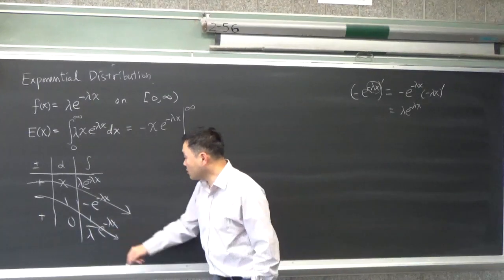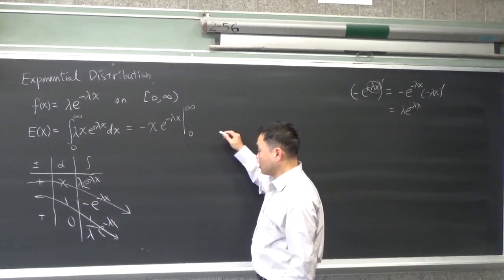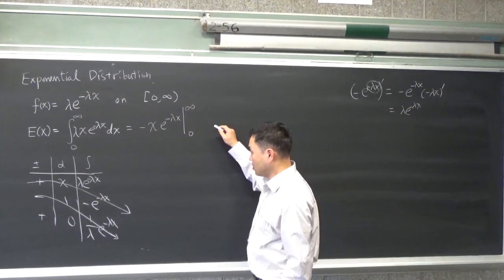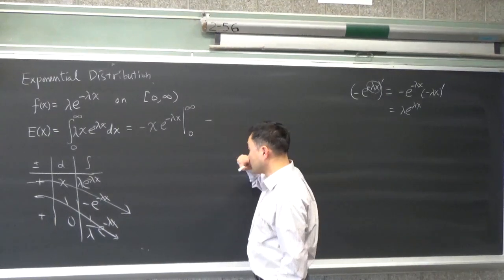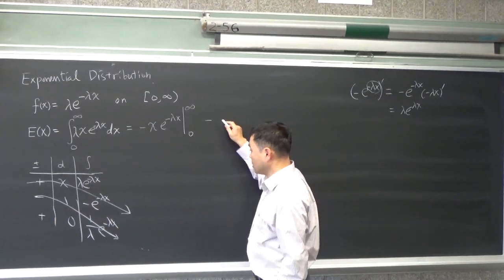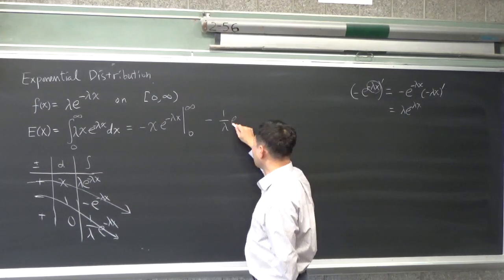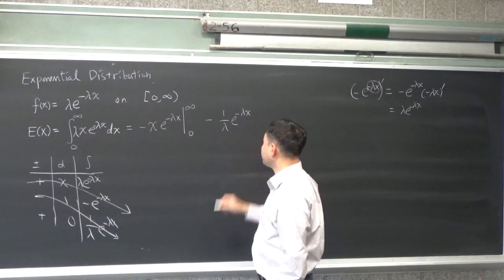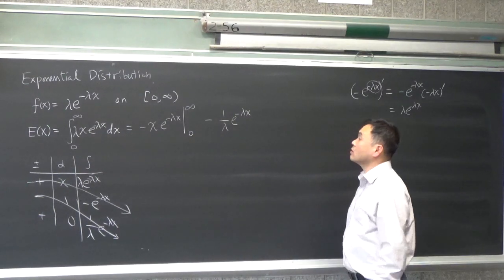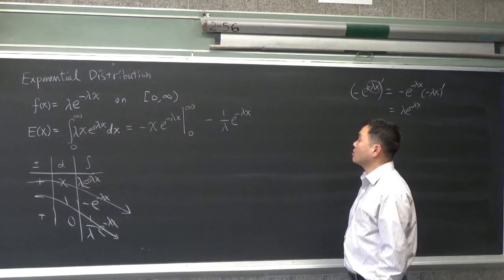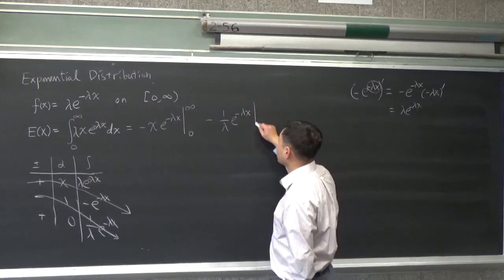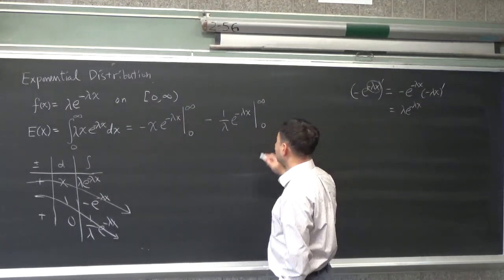And then the next one is minus 1 over lambda e to the negative lambda x. Right, and then you plug in infinity and 0.